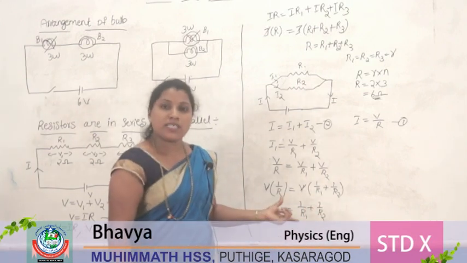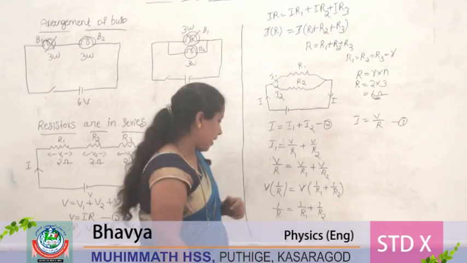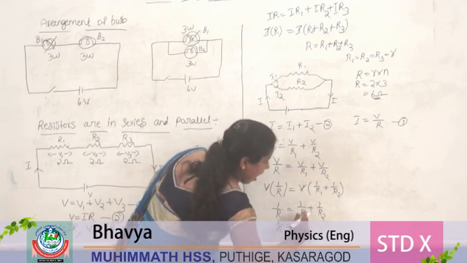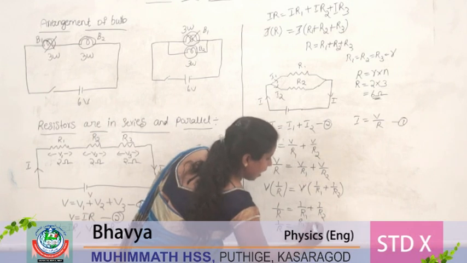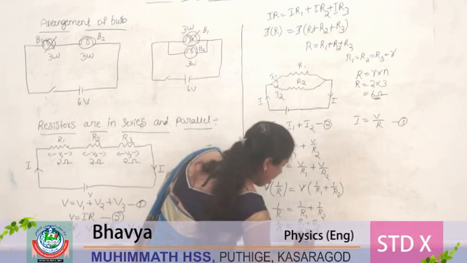You all studied cross multiplication in 8th standard, no? We should multiply here. 1 by R is equal to R1 plus R2 divided by R1 into R2.